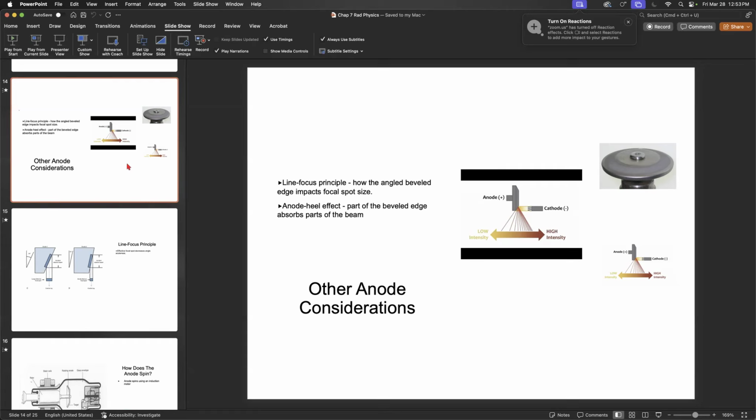Because if you think about it, when Wilhelm Röntgen discovered X-rays, he didn't have all this. It was by accident. We now know that a vacuum sealed envelope makes it more efficient.